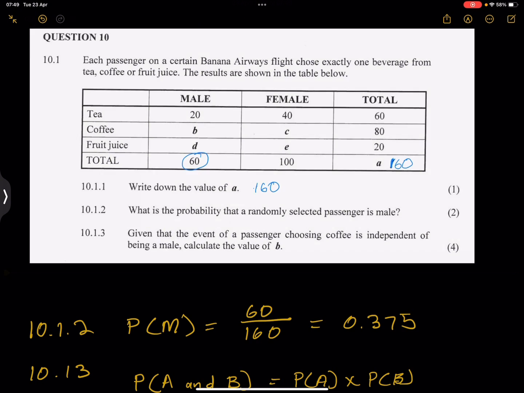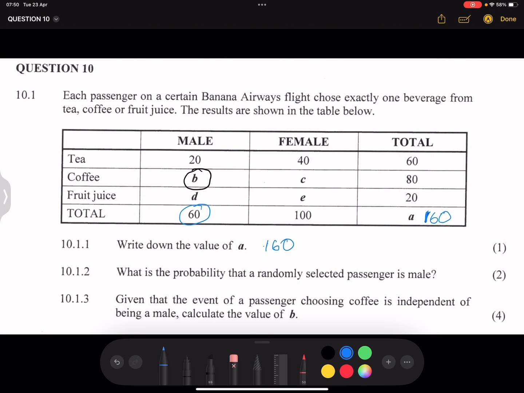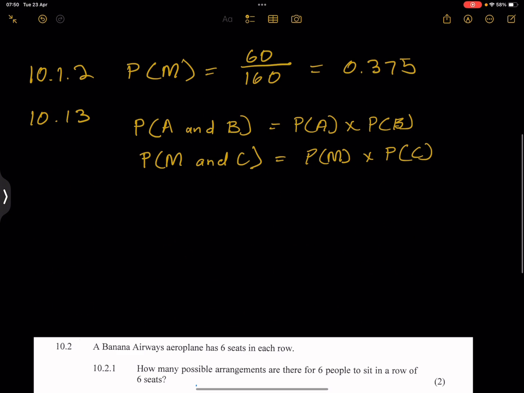That would be B, so male choosing coffee would be B over 160, right?